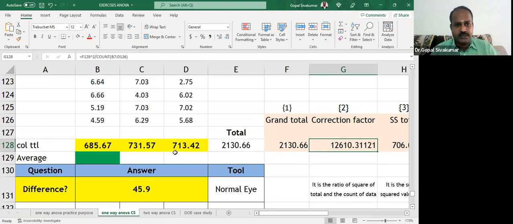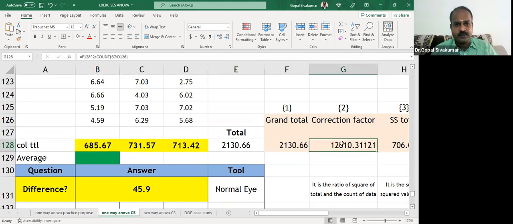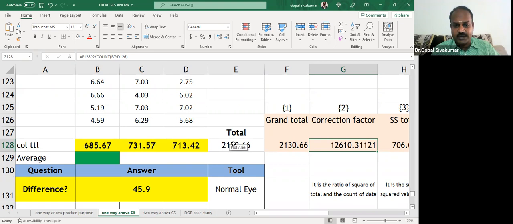Correction factor is the total value 2130, this 2130 is squared, and then we divide it by, look at the formula, count of all the number. How much is the count? 120. No, 360. All the number. So the total is squared and divided by 360. That will give you correction factor.